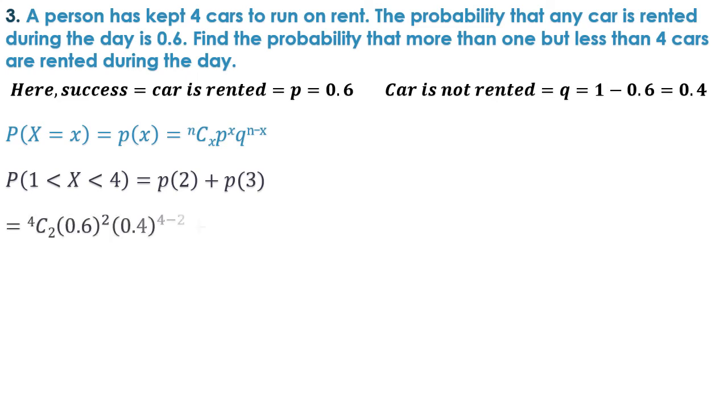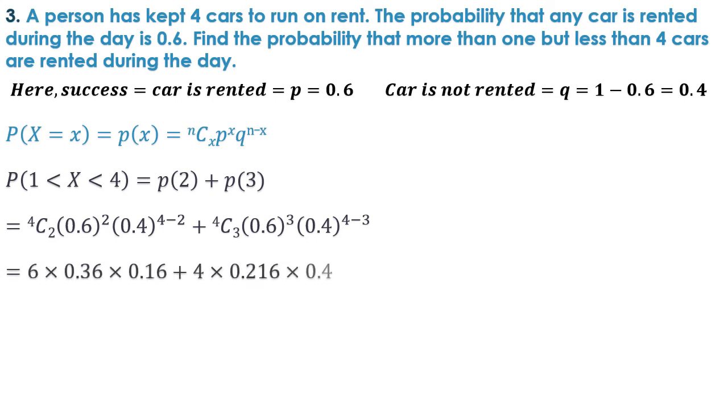P2 will be, because n is 4, 4C2 0.6 raised to 2 0.4 raised to 4 minus 2, and P3 will be 4C3 0.6 raised to 3 0.4 raised to 4 minus 3. Now 4C2 is 6, 0.6 raised to 2 is 0.36, and 0.4 raised to 4 minus 2 is 0.4 raised to 2, which is 0.16. 4C3 is 4, 0.6 raised to 3 is 0.216, and 4 minus 3 is 1, so 0.4 raised to 1 is 0.4.